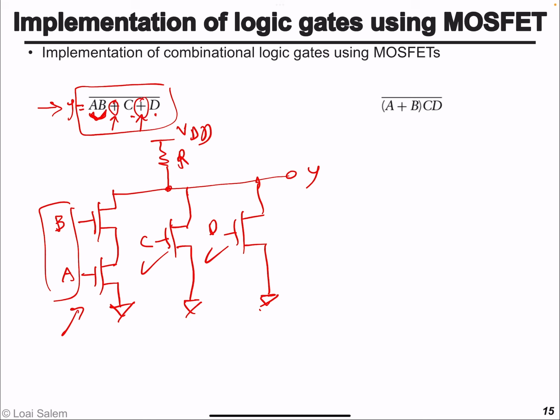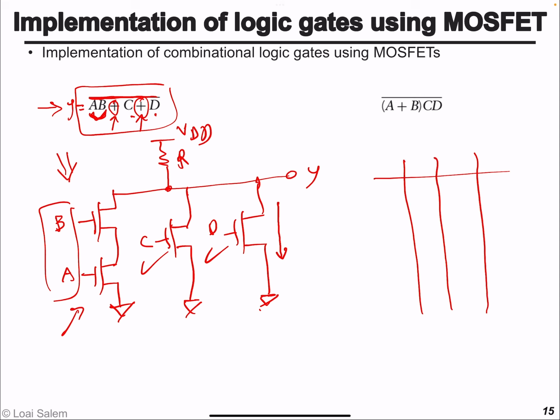Now, of course we have the complement here, because as we said, an NMOS transistor will pull the output to the ground. So at the end we have automatically an inversion. If you are not convinced, you can write the truth table for this function. In this case we have 3 inputs, so we have 8 possibilities.